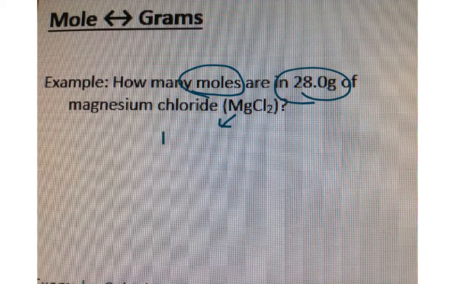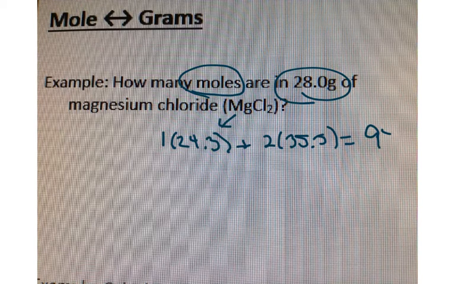For this example, we have 1 magnesium, and each magnesium has 24.3 grams. I add that to the 2 chlorines, which each has a mass of 35.5 grams. So total, I know that if I had 1 mole of magnesium chloride, I would have a mass of 95.3 grams of magnesium chloride.